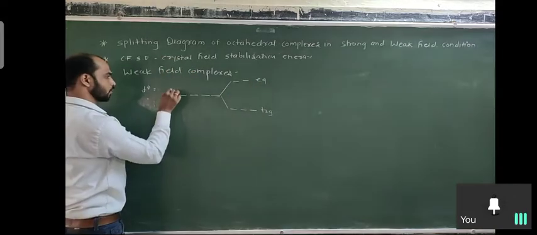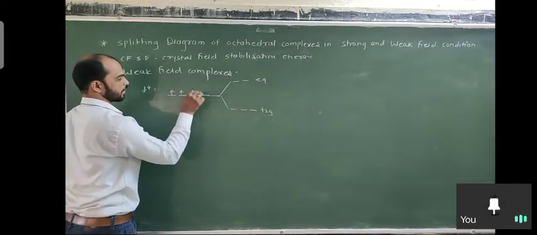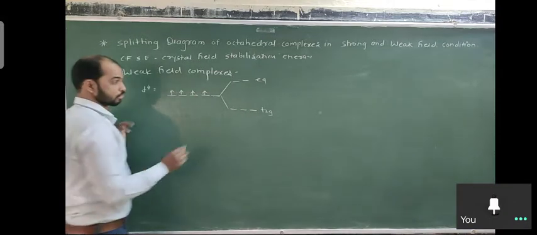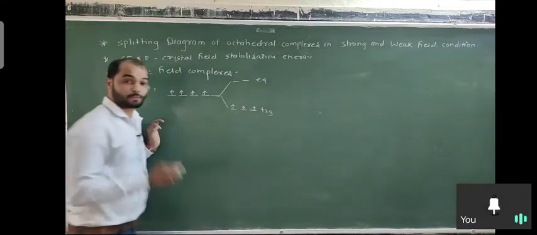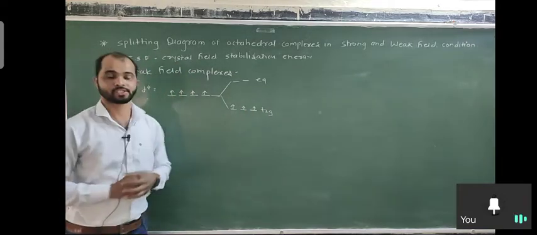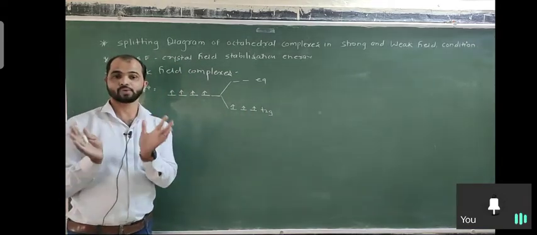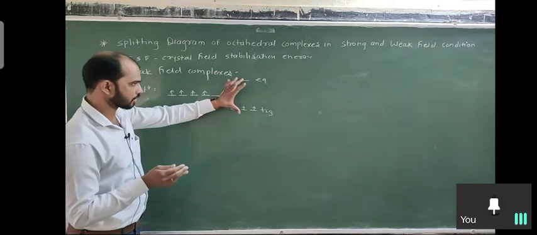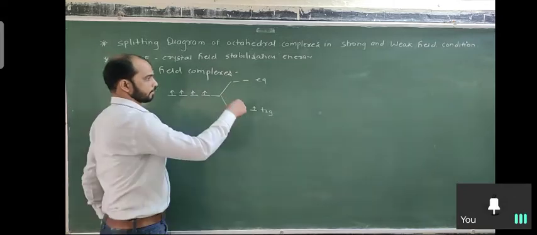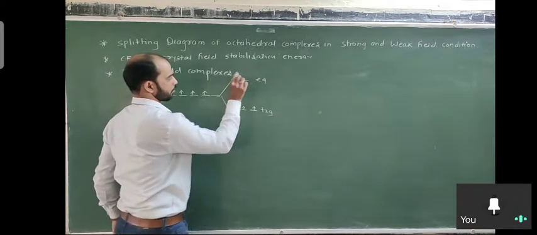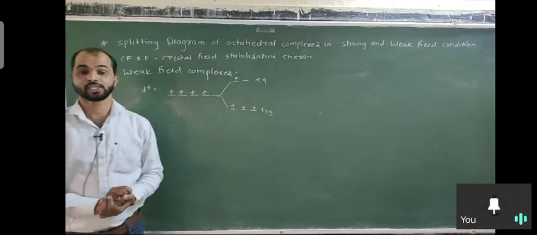How many electrons? 4 electrons. So first is here, no doubt, second is here, third is here. So the fourth one, due to weak condition, that means pairing energy is more than 10 dq, so lower gap between these two states, so the fourth one enters into the EG set.